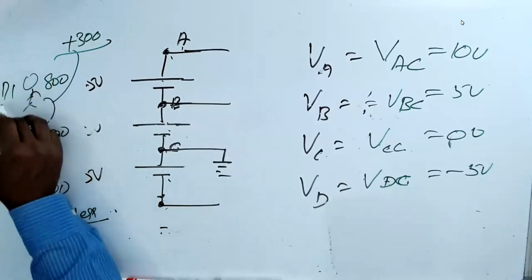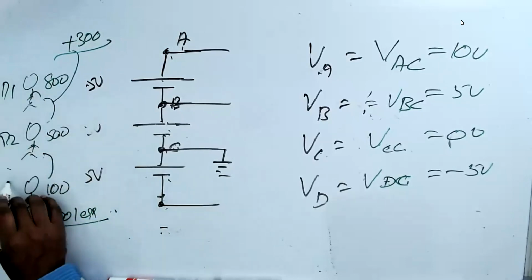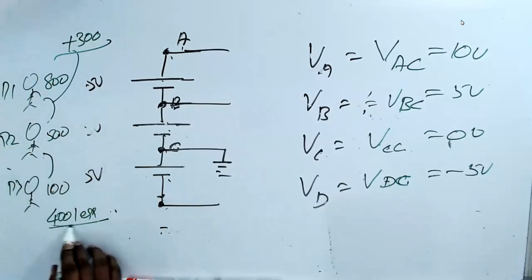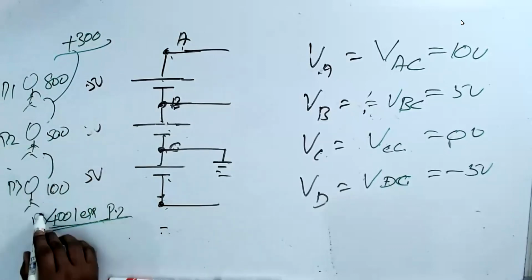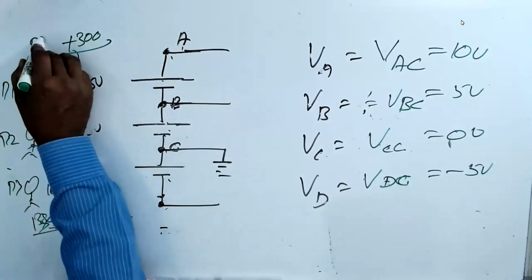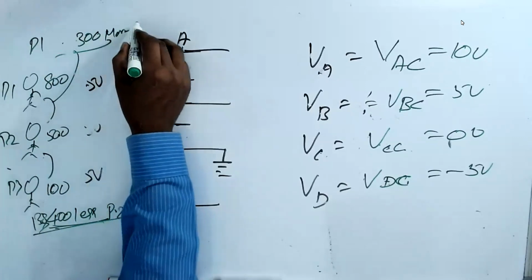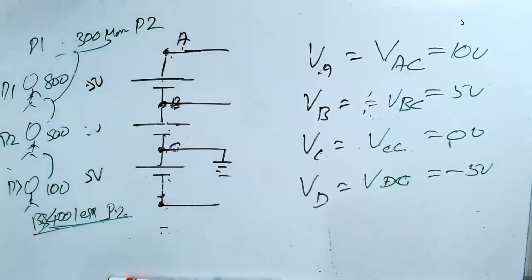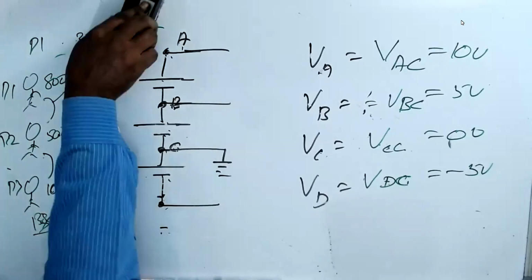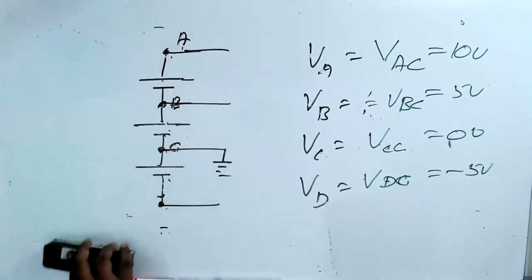P1, P2, P3. So P3 is 400 rupees less than P2, whereas P1 is 300 rupees more than P2. More means plus, less means minus. Now you know what negative voltage is. There's nothing called negative voltage.